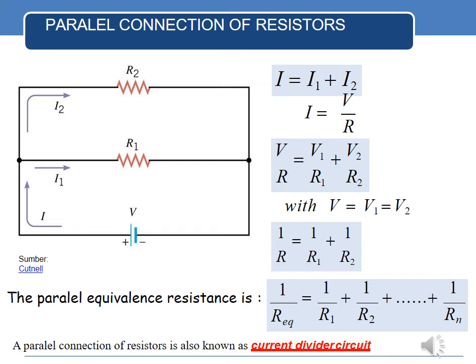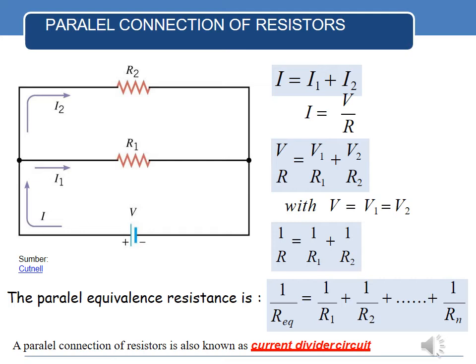In this case, I equals I1 plus I2. Why? If you have a parallel connection here, you actually divide the current. The initial current I meets a junction here, and this current will be split into I1 going to R1 and I2 going to R2.